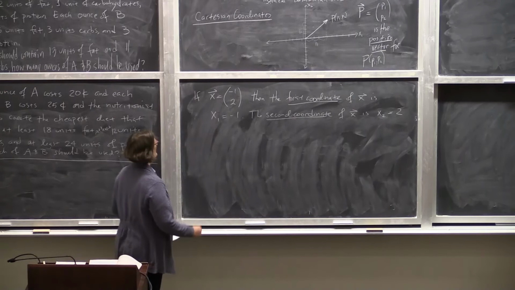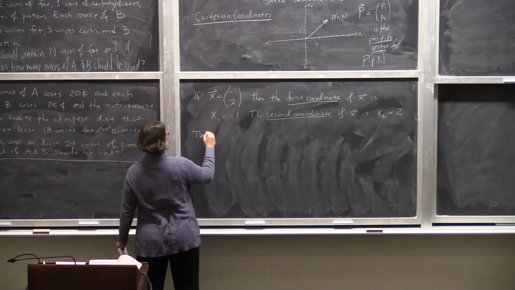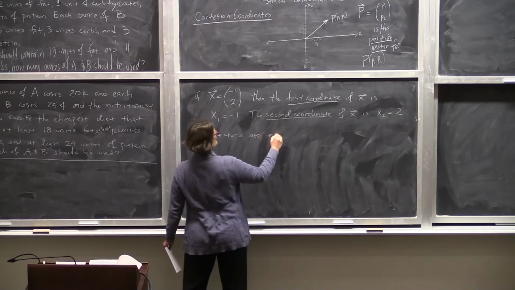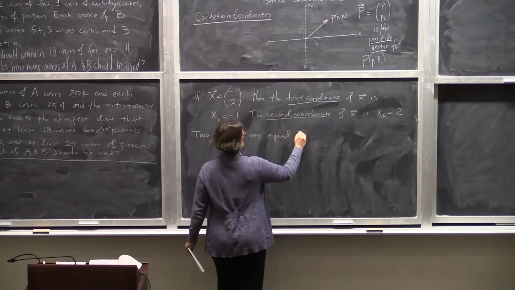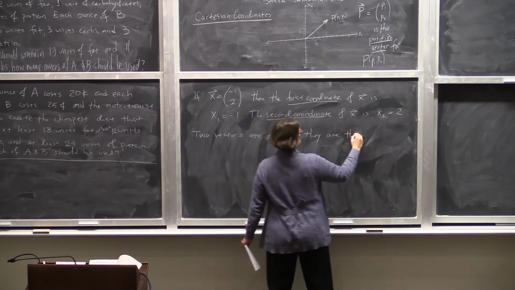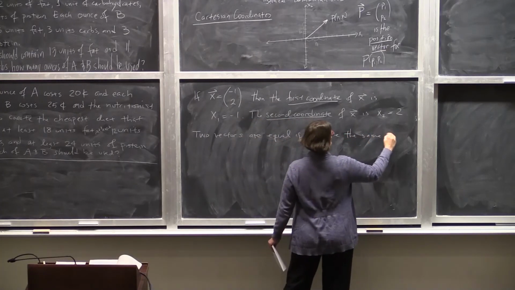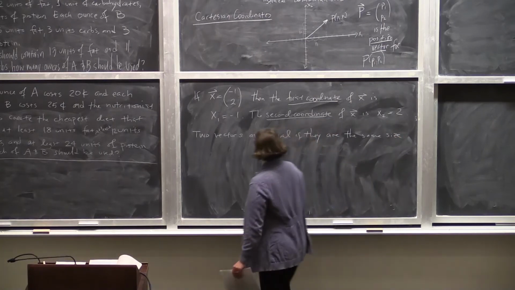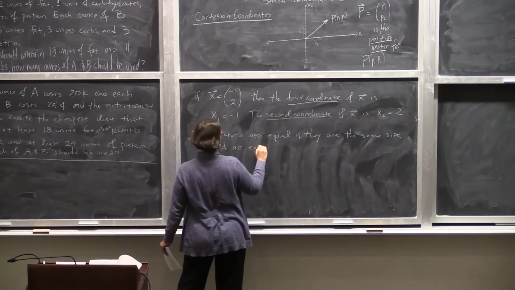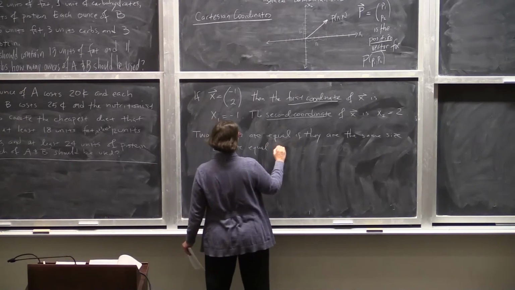And we say that 2 vectors are equal if they are the same size and are equal at each component.